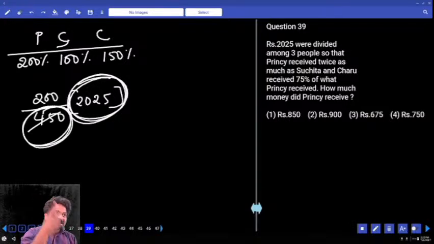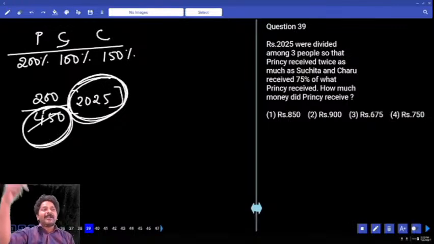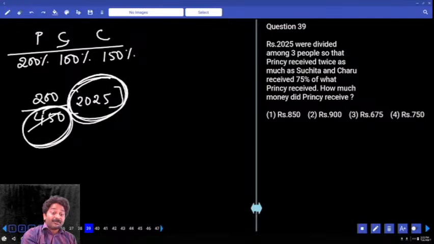That gets cancelled, right? So after cancellation, the result is 9 multiple or not, we are not sure. So directly we cannot verify it. So cancellation is compulsory. Okay?